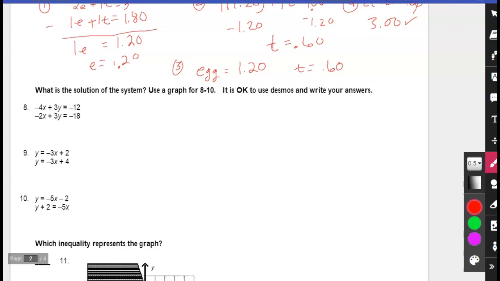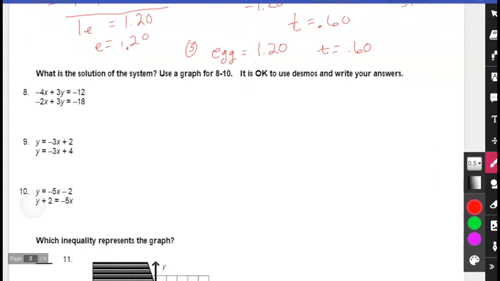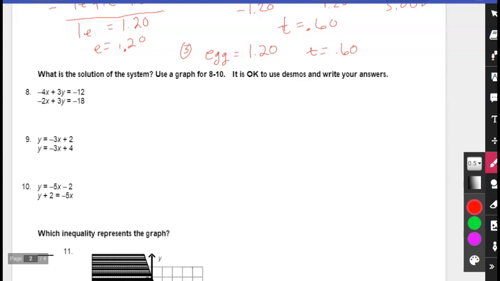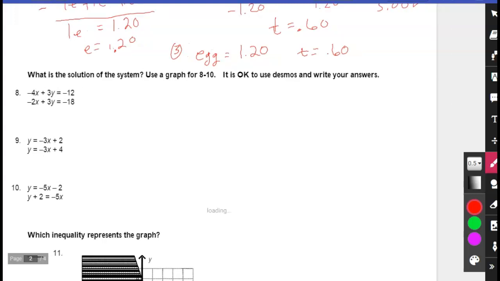It says it's okay to use Desmos, so this is where you'd probably want a phone with you tomorrow to go to Desmos.com if it pops up. I'm only going to do one of them on Desmos, and then I'm going to talk you through the other 2.